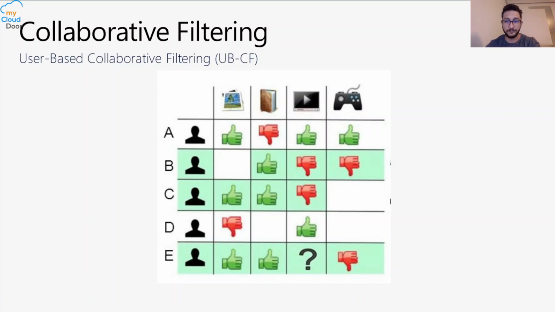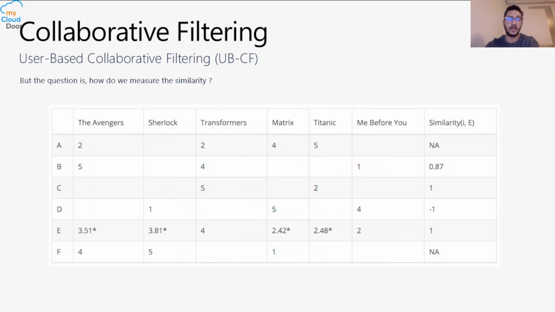Make sense? Okay, so now the question is, how do we measure the similarity? There are two options: a Pearson correlation and a cosine similarity. Let's illustrate it with a concrete example.